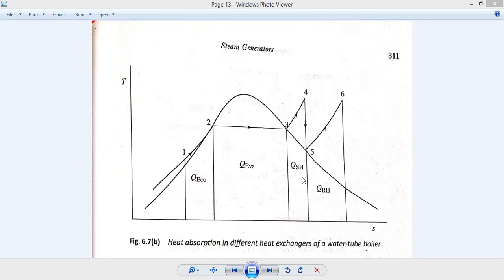Now, what we have here, the Q economizer is given as H2 minus H1, Q evaporator is given as H3 minus H2, and Q superheater is equal to H4 minus H3.